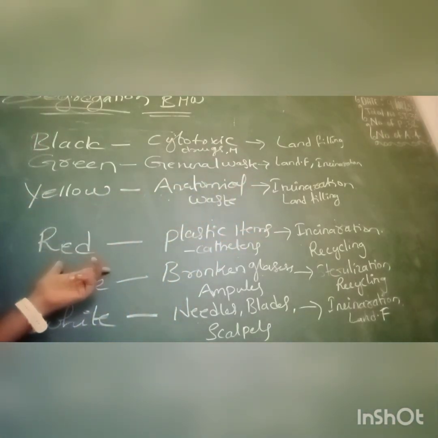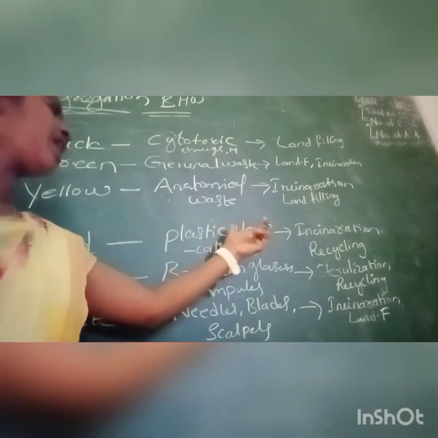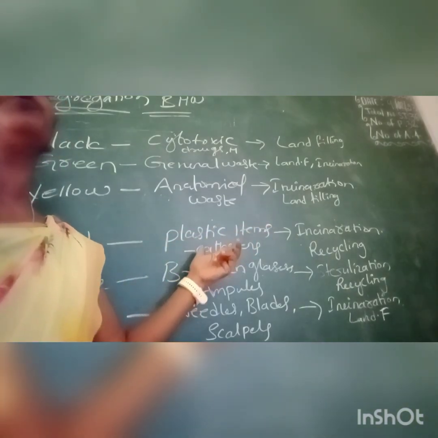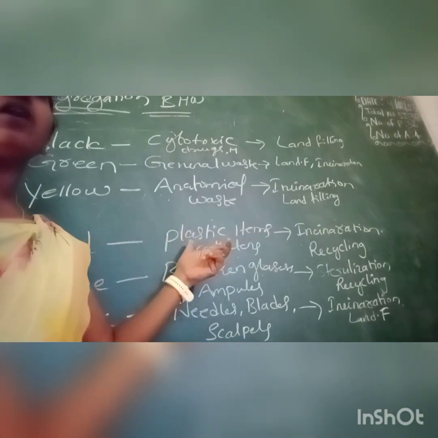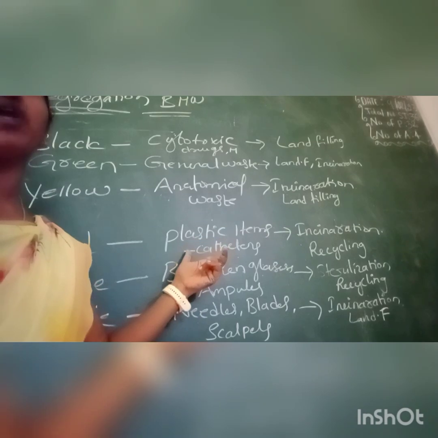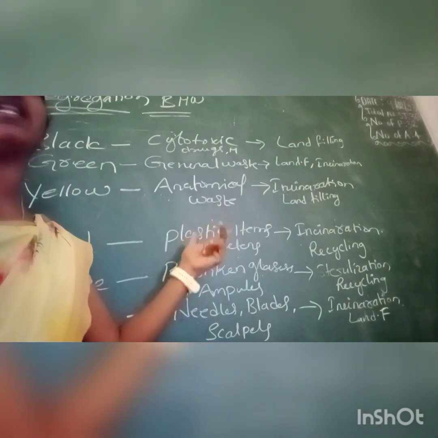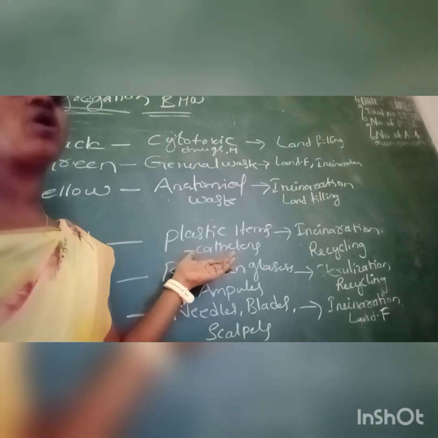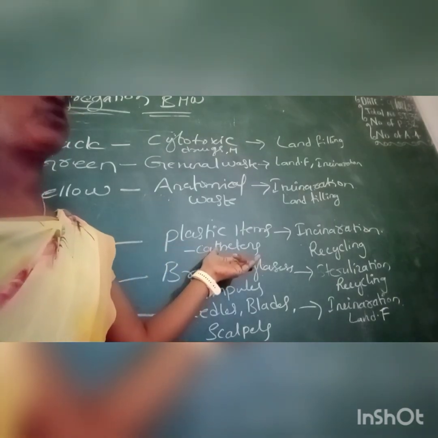And red dustbin, all the plastic items. All the plastic items are Foley's catheter, Ryle's tube, suction cannula, and all these plastic items and IV fluids, IV cannulas, IV catheters. This all goes into the red dustbin. Why do they have to go to the red dustbin?